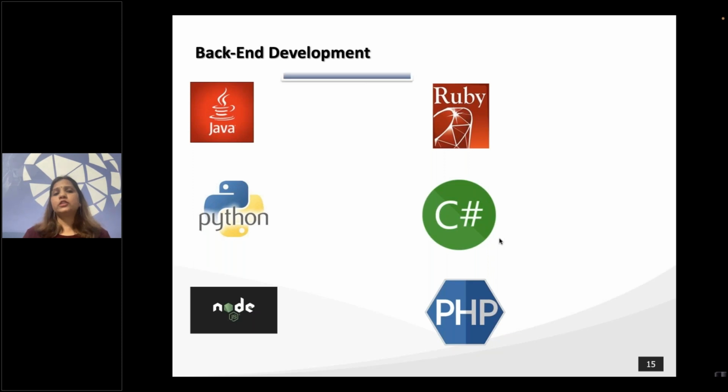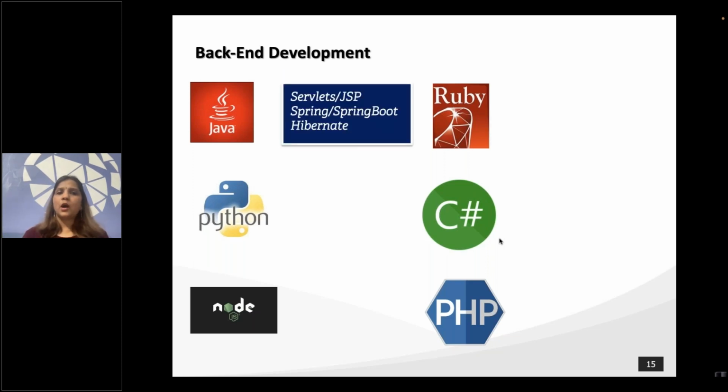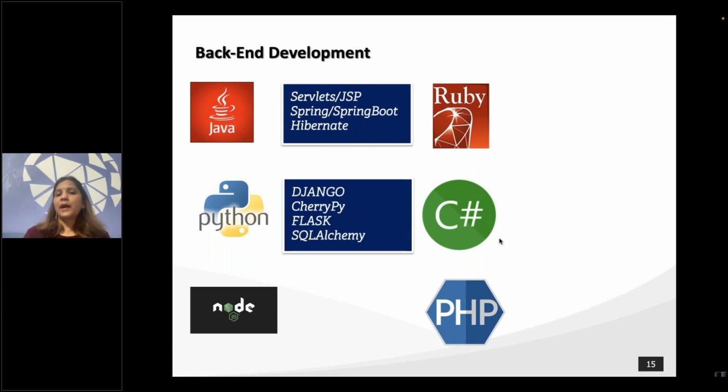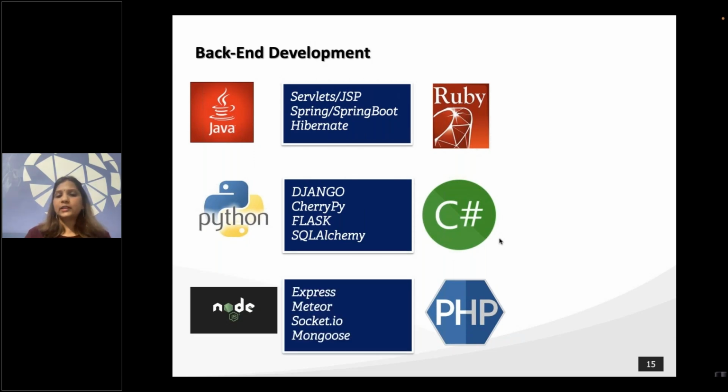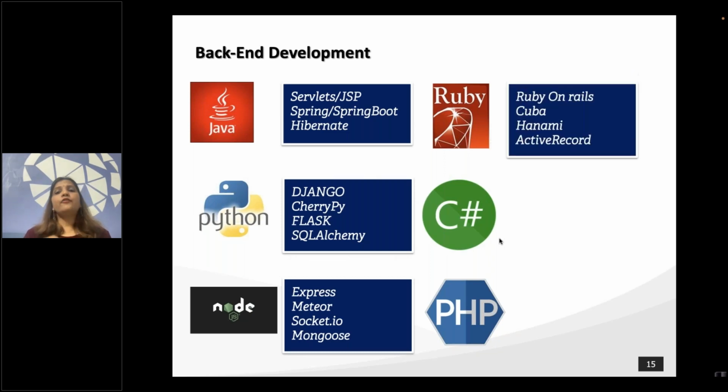If you are working with Java, you should be aware of Servlet JSP, Spring Boot, Hibernate. If it's Python, it should be Django, CherryPy, Flask, SQL Alchemy. If you're talking about Node, Express, Meteor, Socket.io, Mongoose. If it's Ruby, you're talking about Ruby on Rails, Cuba, Hanami. So these are just the libraries and frameworks available with respect to the respective technologies.